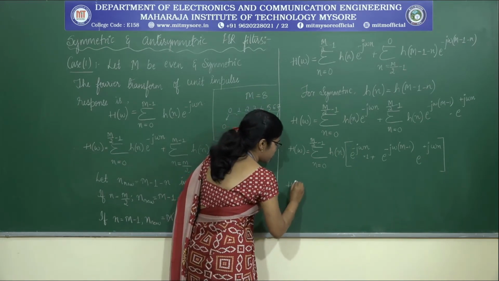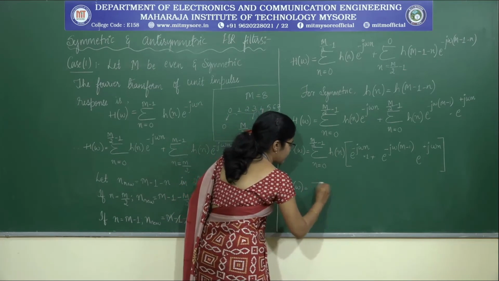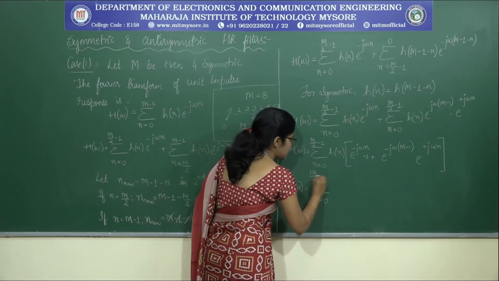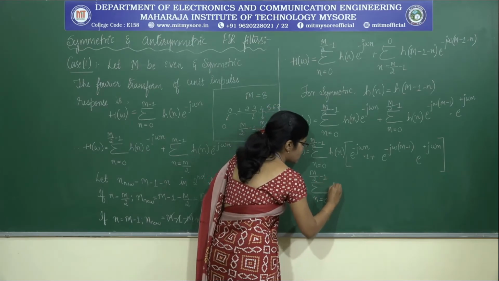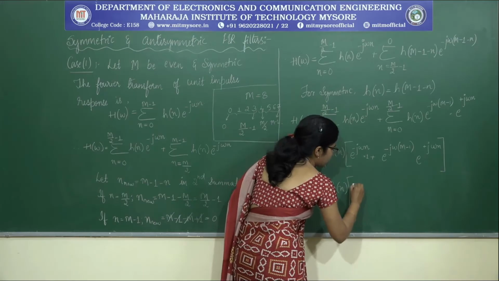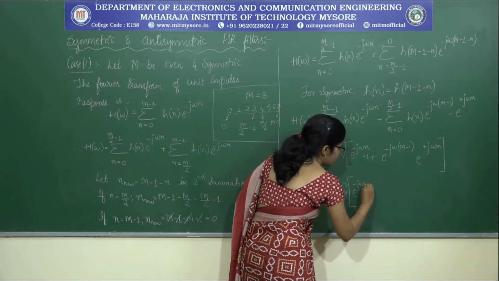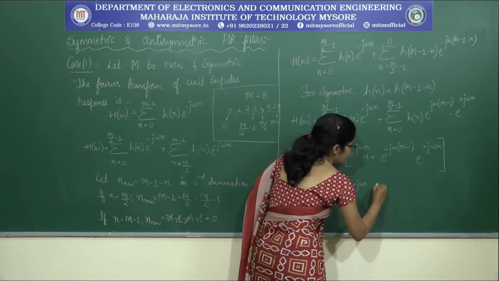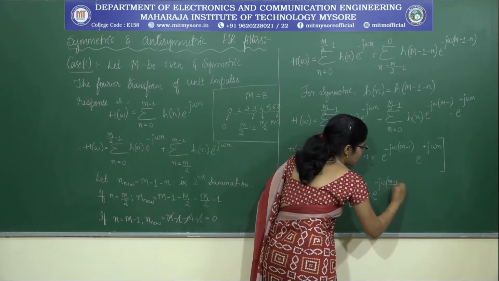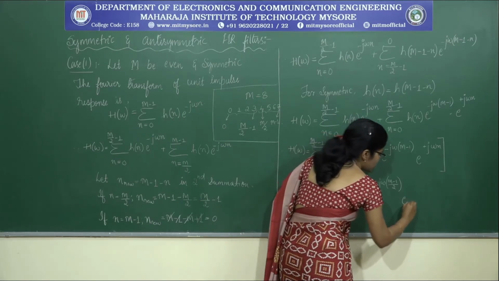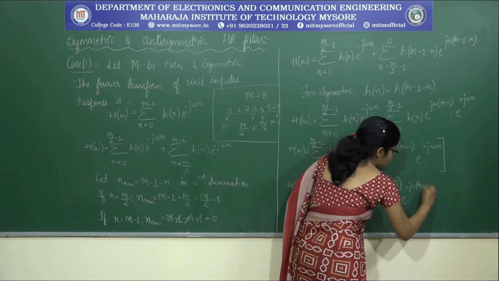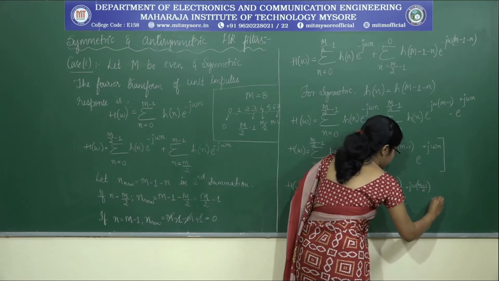That is, H of omega will be equal to summation n ranges from 0 to m by 2 minus 1 into h of n into e power minus j omega n into e power minus j omega m minus 1 by 2 into e power plus j omega m minus 1 by 2 plus.